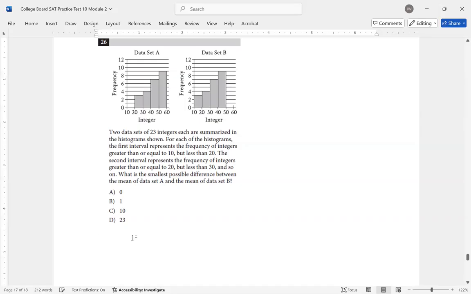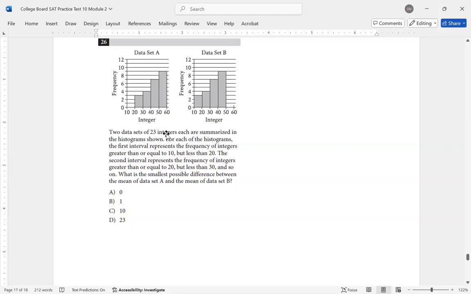So if you think about the smallest possible difference, data set A is going to have a larger average, but each number in data set A could be right at 20, right at 30, right at 40, right at 50 for each of these bars. So in other words, it says from 20 to 30, we have 3 occurrences.